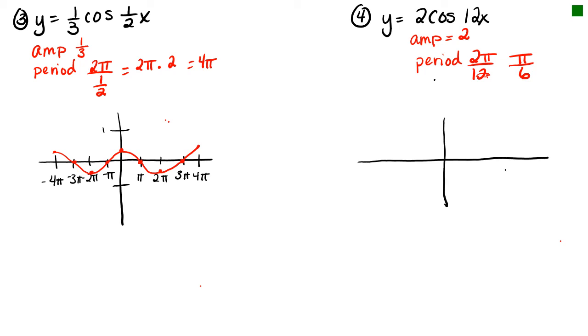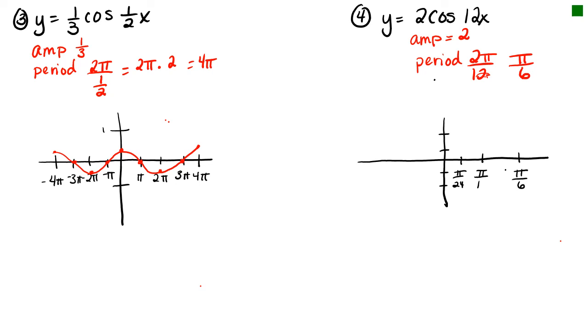Let's see. We're going to go up to 2: 1, 2, and we're going to come down to -2. We're going to go out to pi over 6. Half of pi over 6 is pi over 12, because I did 1/2 times pi over 6. Half of 12 is 24, and we're going by 24ths.